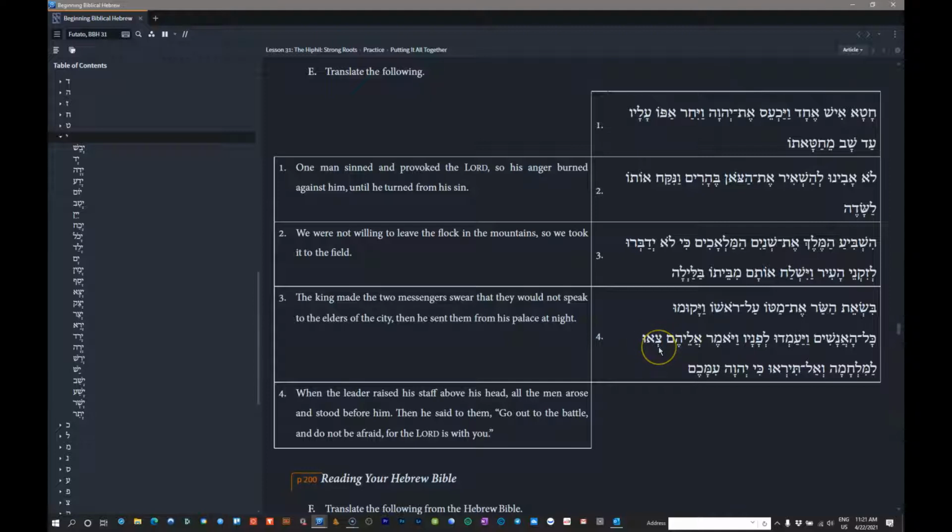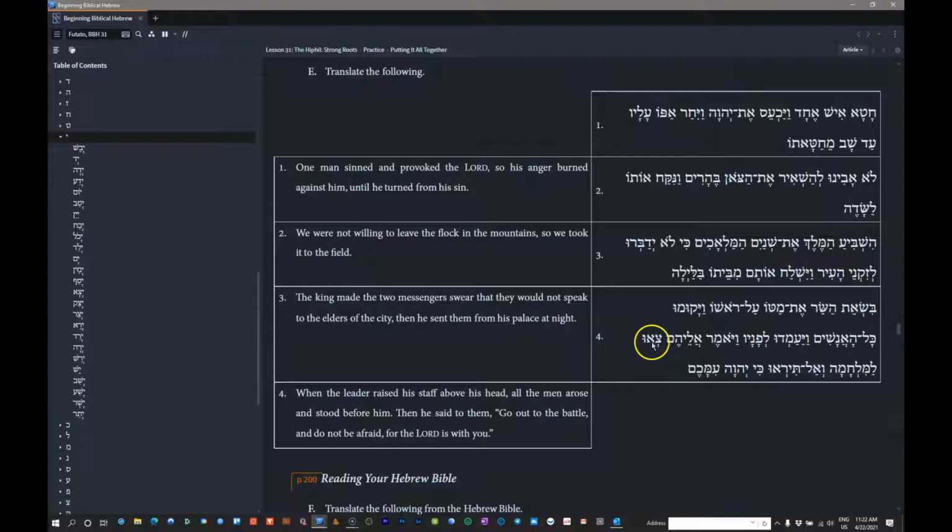All right, so Sa'u is basically going to be an imperative 2MP form of yatsa. Remember, the yod is going to drop off. The one yod vav is going to drop off of the imperative form of yatsa here.